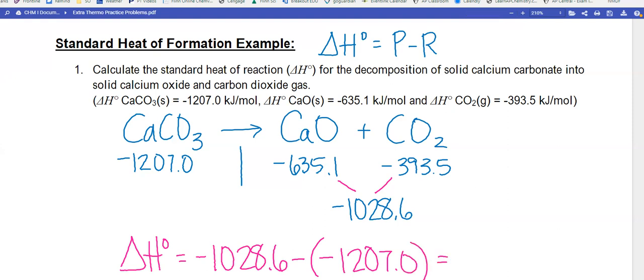And so it's really adding that, right? On these, you always subtract unless you're subtracting a negative number. And so the answer is a positive 178.4. We're going to keep that 1 decimal place because each of our numbers had 1 decimal place, and we added to get our answer. And the label is just kilojoules.